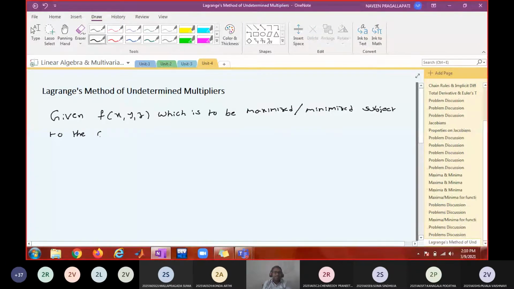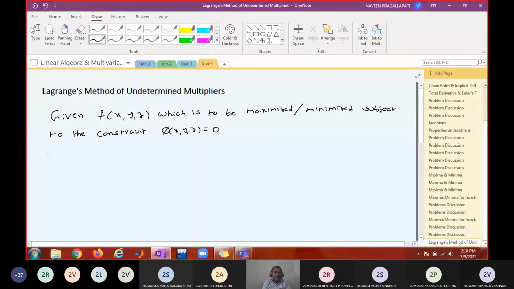Constraint means condition. Phi of x, y, z equal to c. Okay? There is a function which you have to maximize or minimize subject to the condition phi of x, y, z equal to c.